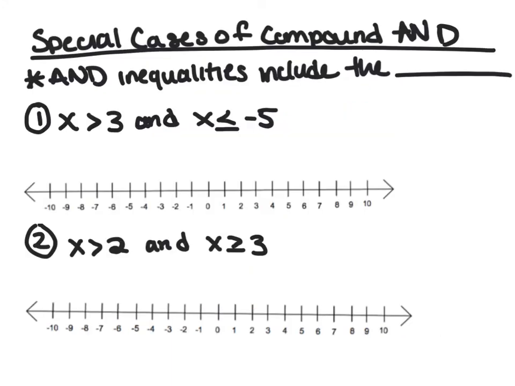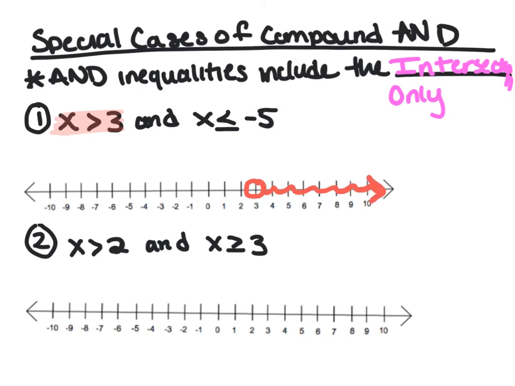Lastly, let's talk about special cases of the compound and inequality. Compound and inequalities include the intersection only. So it's where the two lines cross. So for the first one, if I'm looking at x is greater than 3, I would graph, have an open circle at 3, and I would shade to the right.